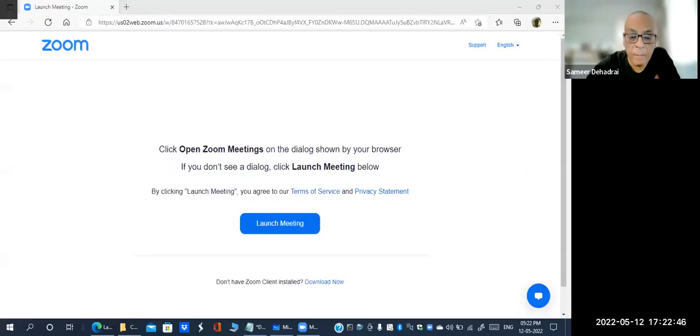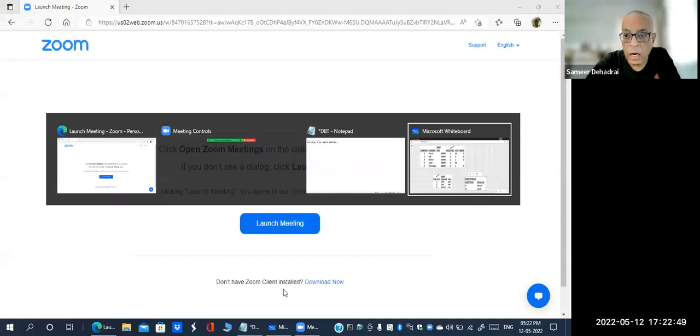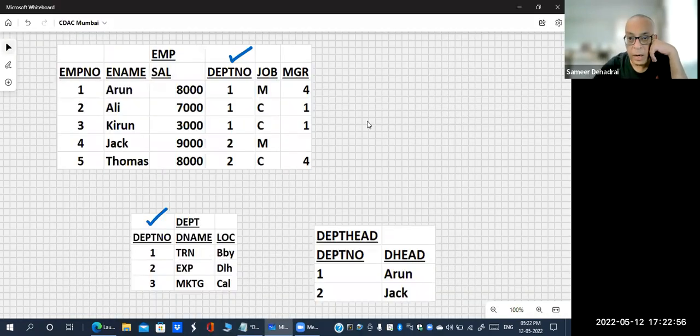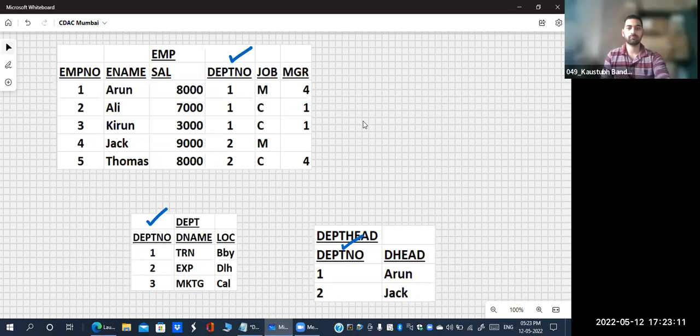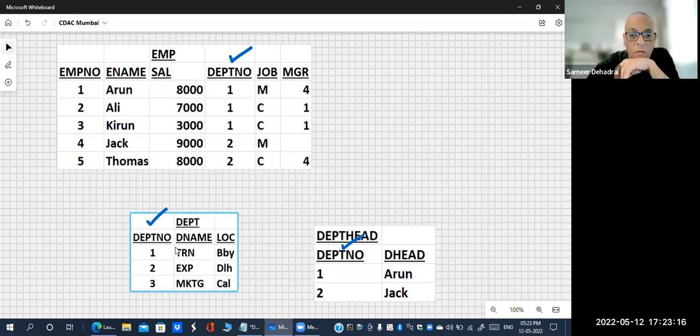I hope it looks clear. So I was explaining that I have these three tables. See the screen. I have the EMP table, department table, and department head table. If you compare these three tables, you'll observe that the department number column is common.